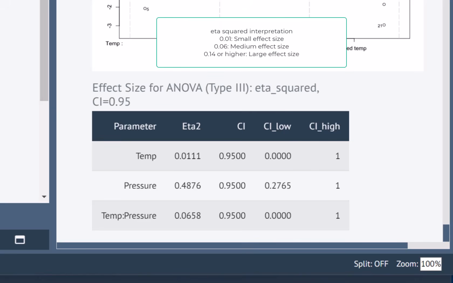To interpret eta squared, use the following rules of thumb. 0.01 would be a small effect size. If eta squared is 0.06, that's a medium effect size. And for eta squared being 0.14 or higher, that indicates a large effect size.